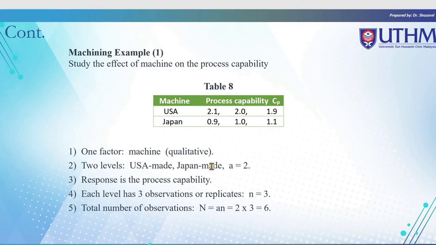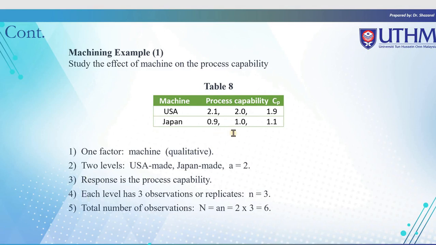The number of levels a equals 2, and for each level we have 3 observations, so the number of replicates n equals 3. The total number of observations is capital N, a times n, which is 6.